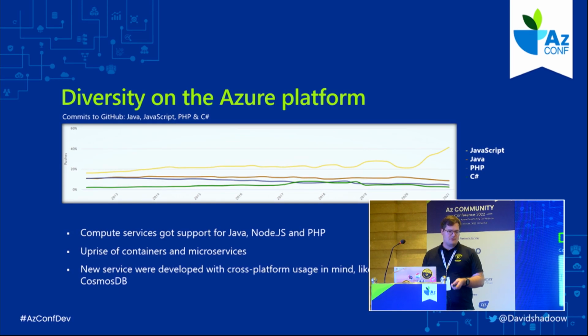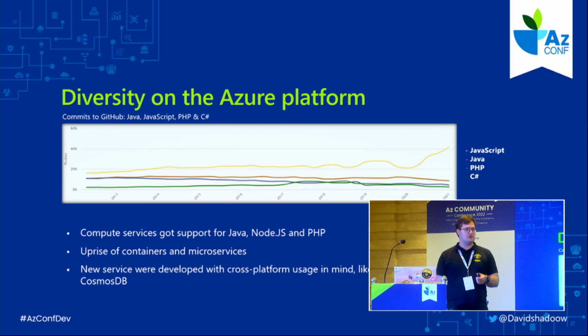So from 2018 onwards, Microsoft decided to invest in support for these platforms on their compute services on Azure. They started to support Java in app servers and web apps, but also Node.js and PHP. They launched services for containerized workloads and microservices, and new services that they developed were completely developed with open source in mind.